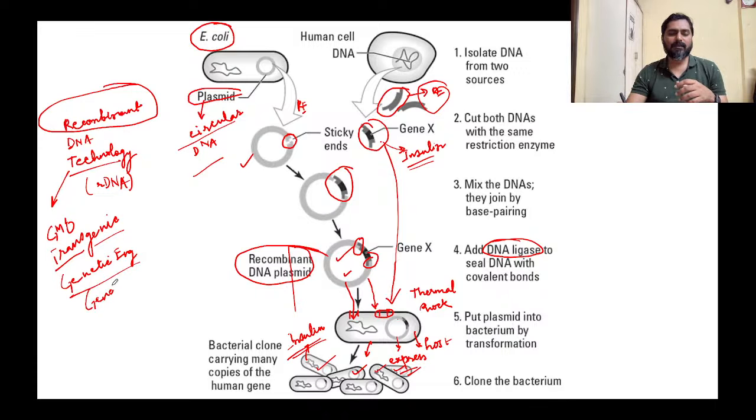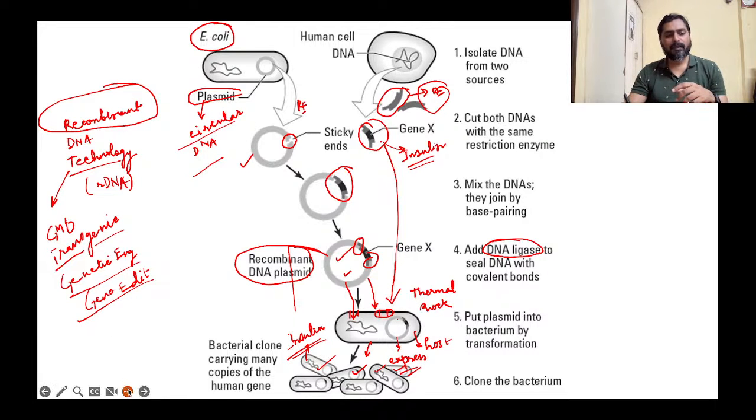These are terms used synonymously. Here we are transferring genes from one organism to another, we are playing with the genes, so that is why we call it gene editing or genetic engineering. In this way we are able to do gene editing.